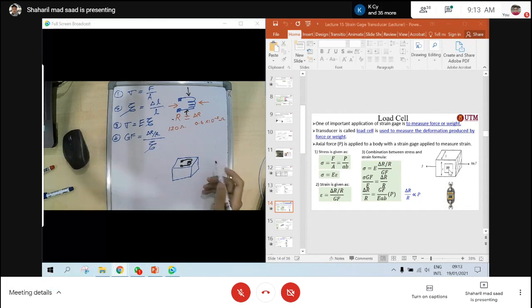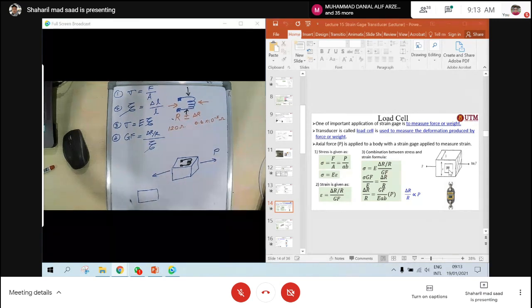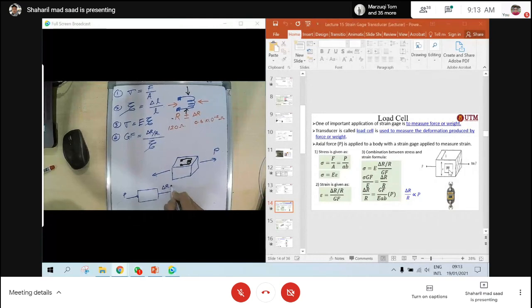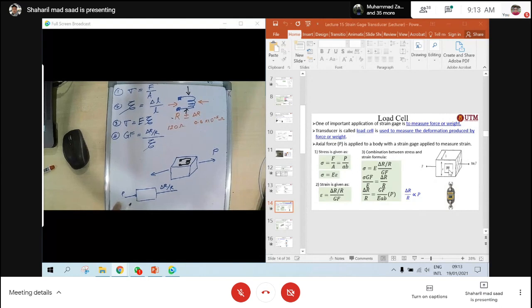Okay, so now what we are going to know about it, the relationship is quite simple. For example, you apply the force P. The input will be P and then the output will be delta R over R. For example, apply 50 Newton.